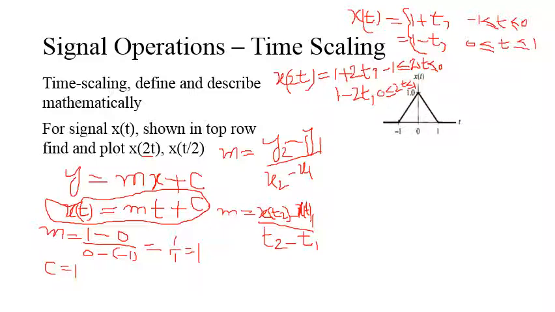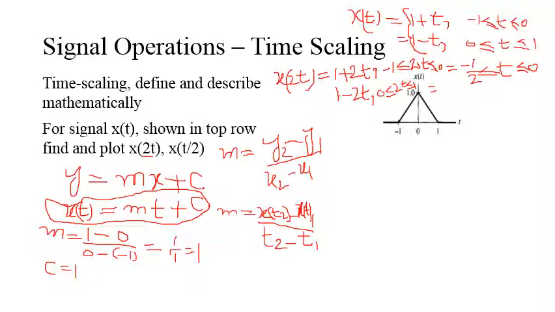So if I simplify it, t will be somewhere between minus 1 by 2 and 0. Similarly, this limit can also be written like this.